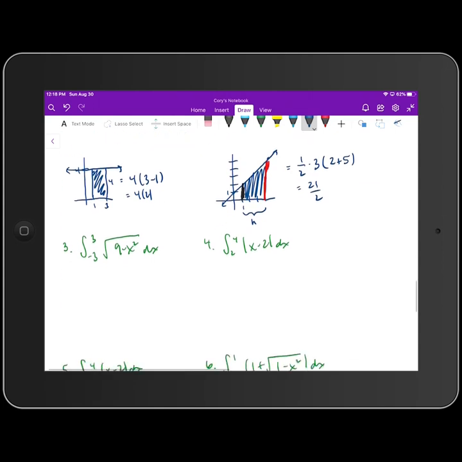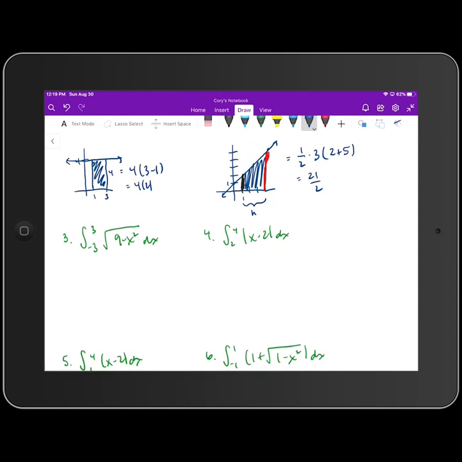Okay, for 3, you have the integral from -3 to 3 of the square root of 9 minus x squared. Now, some of you may not know what the graph of that function looks like. So I'm going to manipulate this equation a little bit and maybe put it in a form where you might be able to recognize it better. Okay, so I'm going to say that y is equal to the square root of 9 minus x squared.